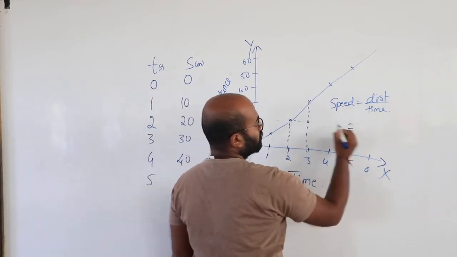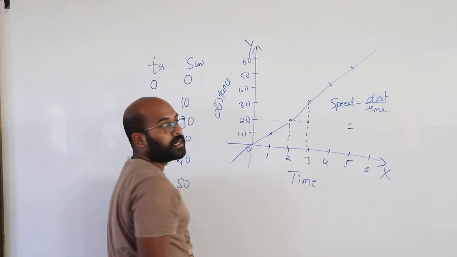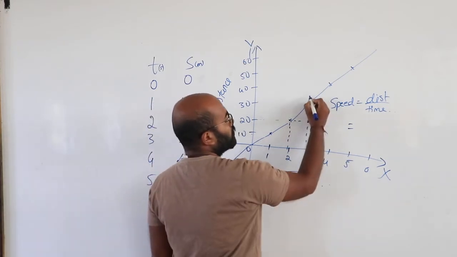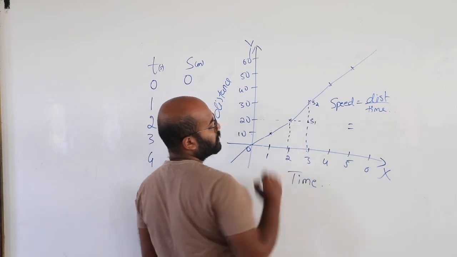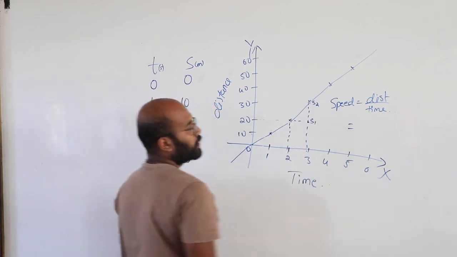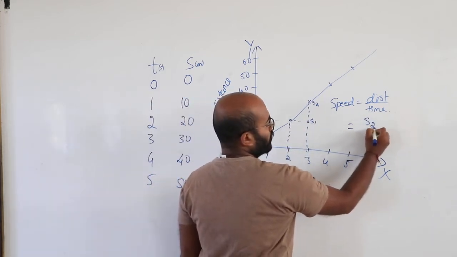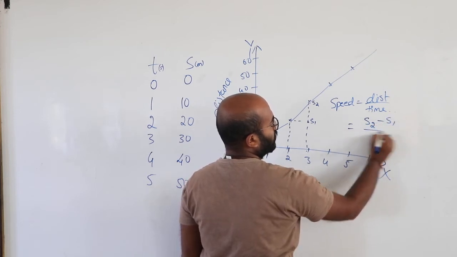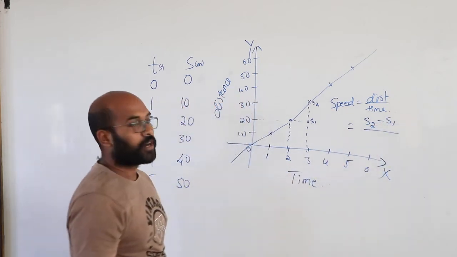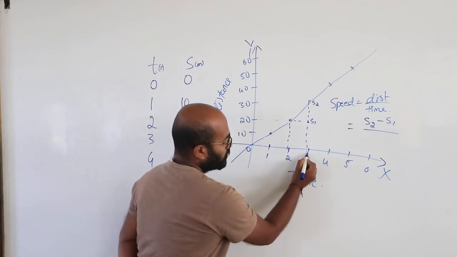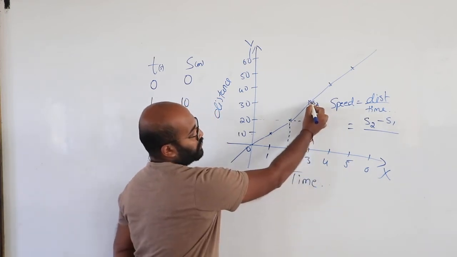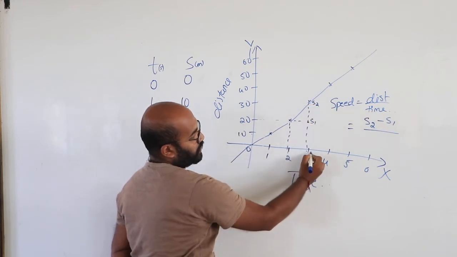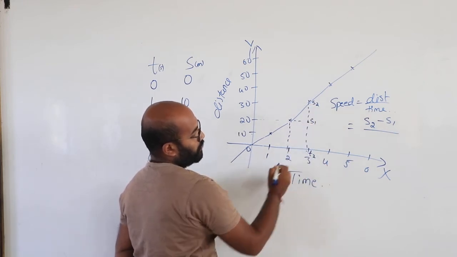So speed is distance by time. We need to take the difference. Suppose we take this as S2 and this as S1. So it will be S2 minus S1. Similarly for time, at 3 seconds it has travelled 30, that is S2, so this will be T2.